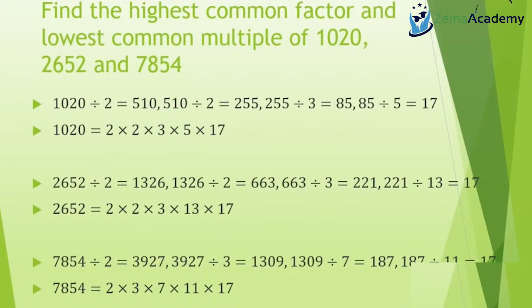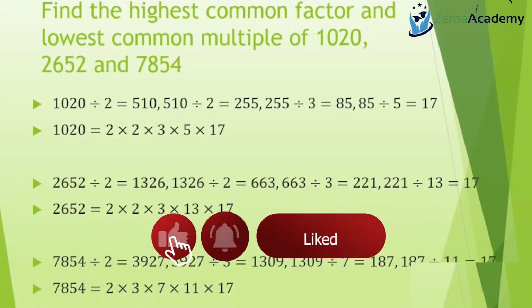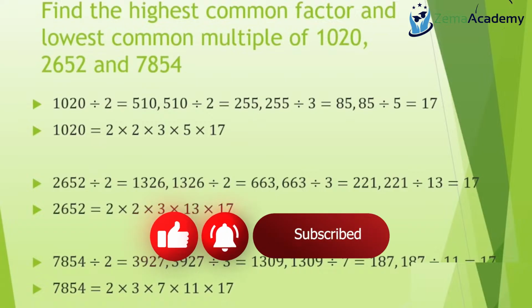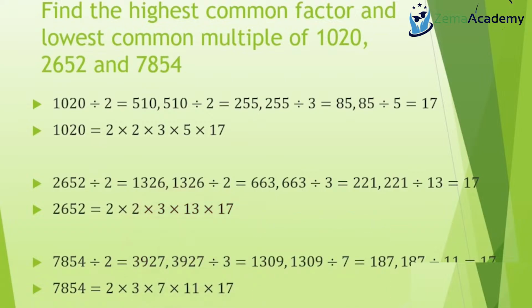Here, I've been asked to find the highest common factor and the lowest common multiple of 1020, 2652, and 7854. I'm going to start with the highest common factor. The first thing you have to do is take all of these items down to their primes, prime factors.